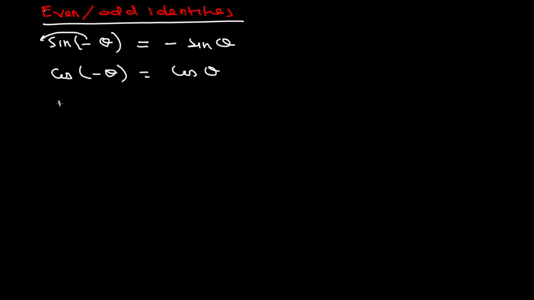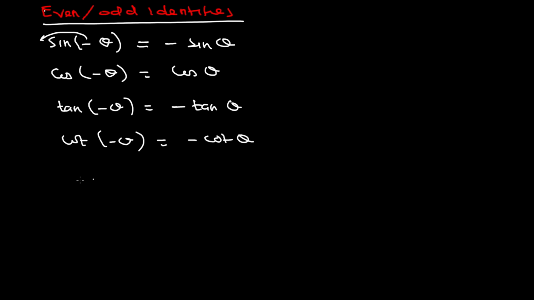What about tangent? Tangent is made up of sine and cosine. Sine is odd, cosine is even. Because we'll have a negative sign here, it means that tangent is an odd function, because of its relationship with sine. This will affect cot too, meaning cot will also be odd.